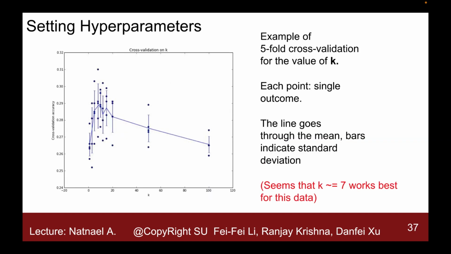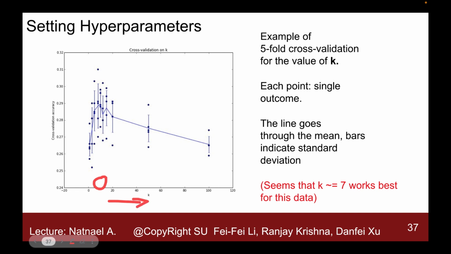So here is an example, for instance. This is a 5-fold cross-validation for the value of k. Here, each point corresponds to a single outcome, and the line, as you can see, goes through the mean, and the bars, which go from bottom to top, indicate the standard deviation. So according to this, this is k, right?